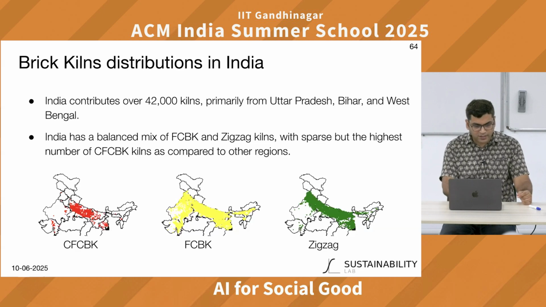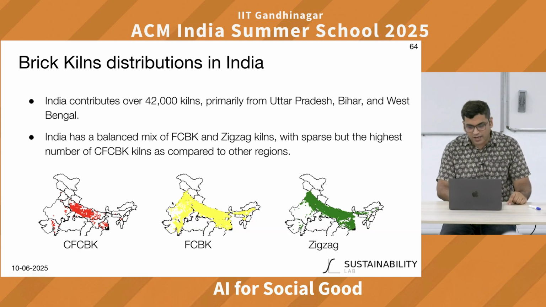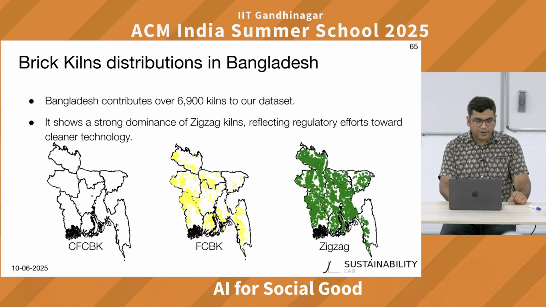And you can see that some of the CFCBKs are very close to our current conference venue. Whereas FCBK is more or less spread across India. Zigzag, you can see, is again spread, but you can see a lot of density in Bengal, Bihar, and then close to Delhi NCR. If we look at Bangladesh, it's primarily zigzag.